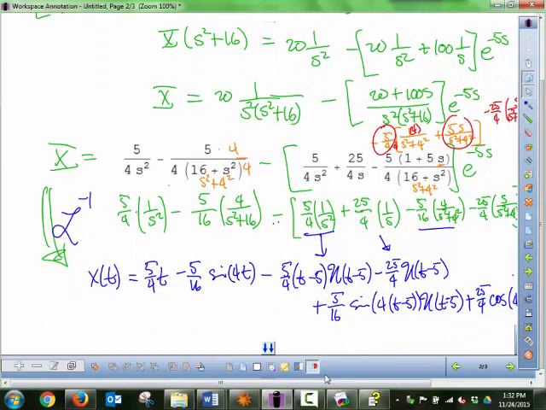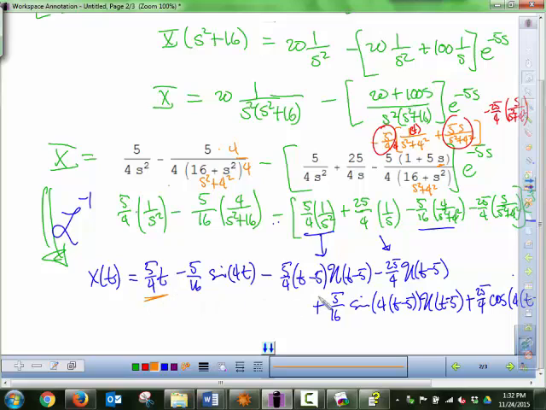What you can do is look at the different pieces of the piecewise function. This thing combined with this makes one piecewise function, and then this thing combined with a sine makes another piecewise function. It's not a coincidence that the coefficients are the same. You could take that out and look at it as one piecewise function.